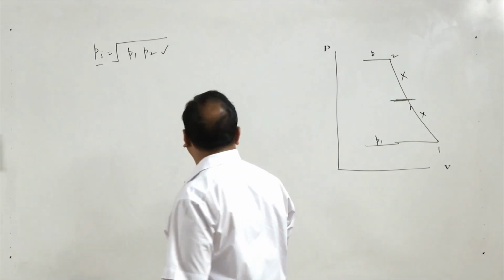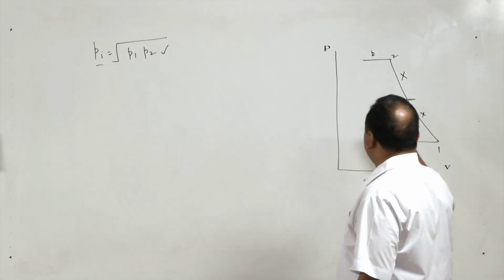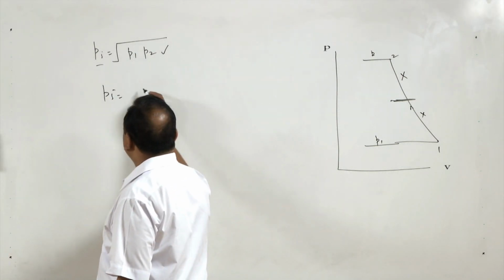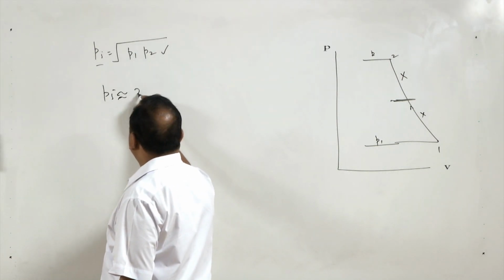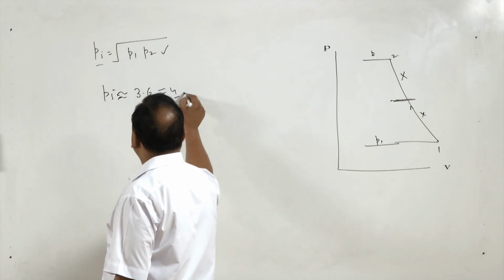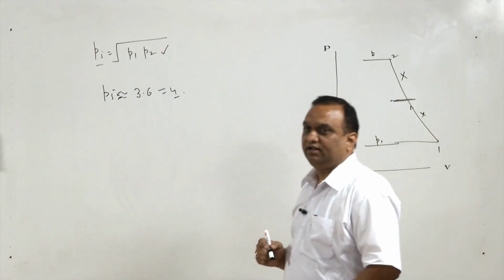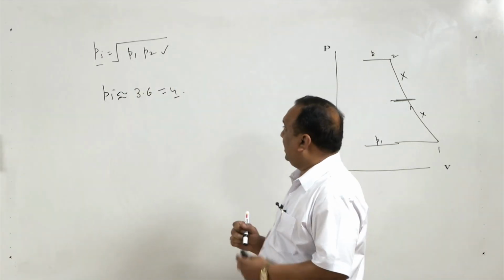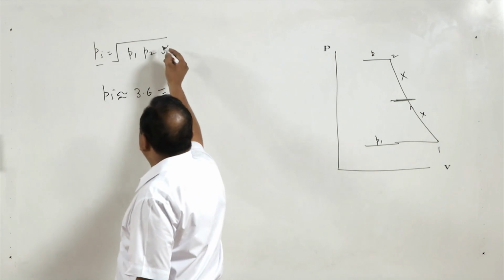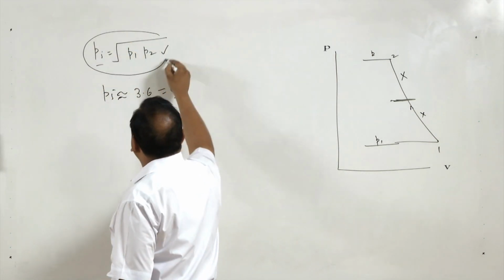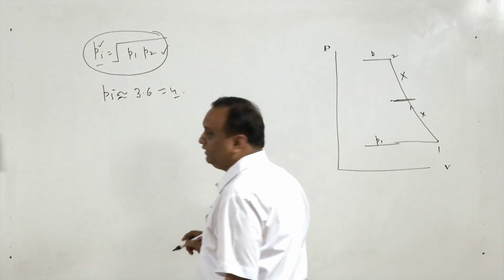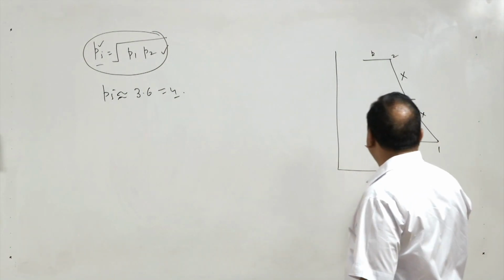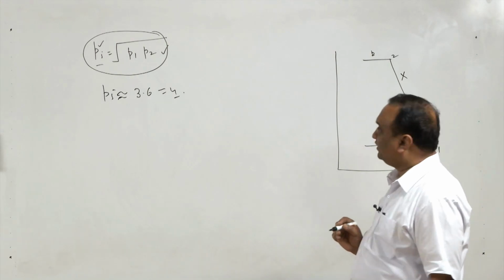But here we do not maintain the exact value. For example, if Pi is coming approximately 3.6, we take it as 4, right. So we round it off to the higher value, and normally it is seen that the intermediate pressure predicted by this equation is approximately 10 to 20% less than the intermediate pressure for a refrigeration system.